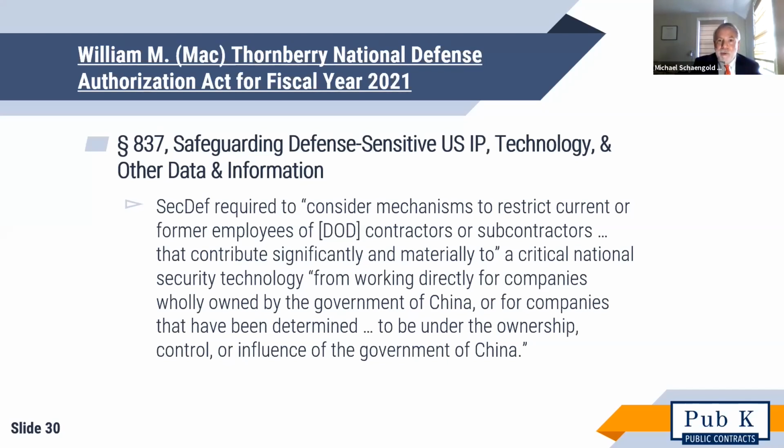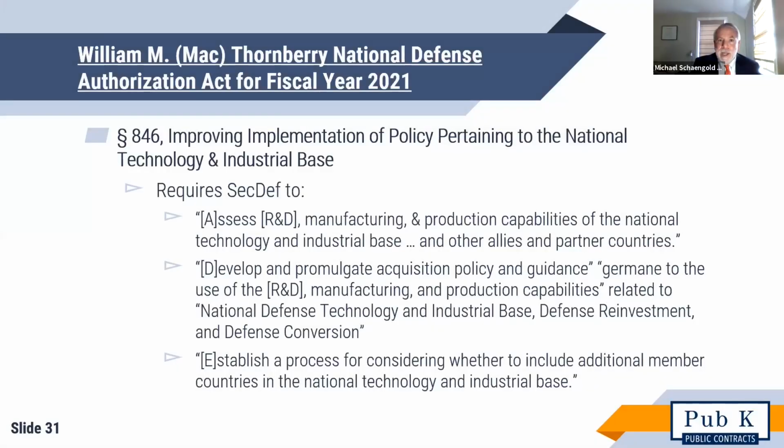Turning to slide 31. Section 846 requires the Secretary of Defense to assess the R&D, manufacturing and production capabilities of the national technology and industrial base and of other allies and partner countries. The national technology and industrial base includes persons and organizations that are engaged in R&D, production integration services, or IT activities conducted within the US, the UK, Australia, and Canada.